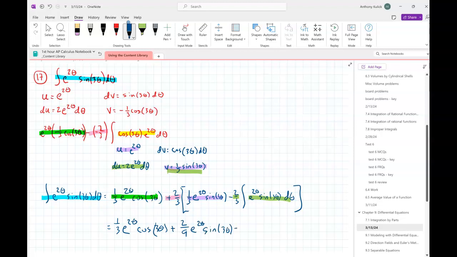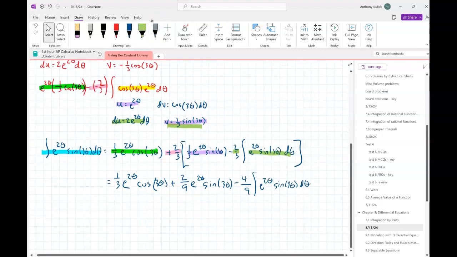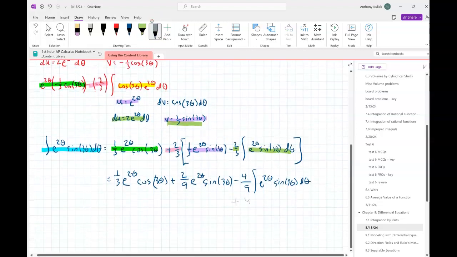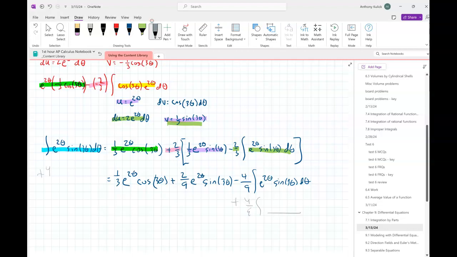And then I have minus 4/9 integral e to the 2 theta sine 3 theta d theta. And we'll just add that over to the other side.